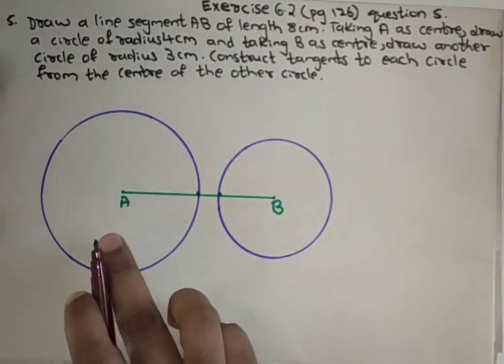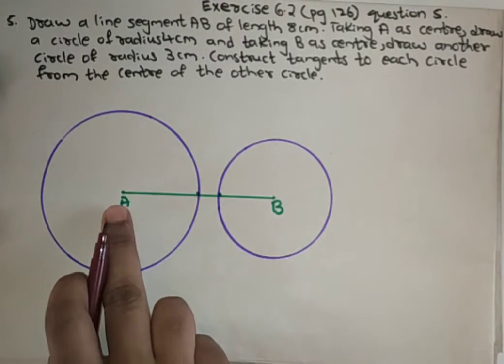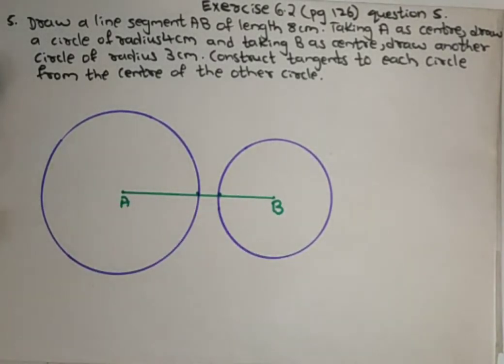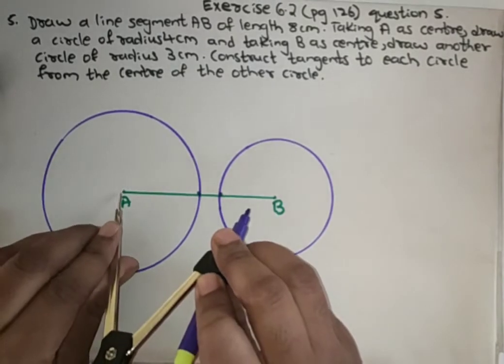Now the next step is we have to draw the perpendicular bisector of this AB. For drawing the perpendicular bisector, what will we do? We will take more than half of this AB.